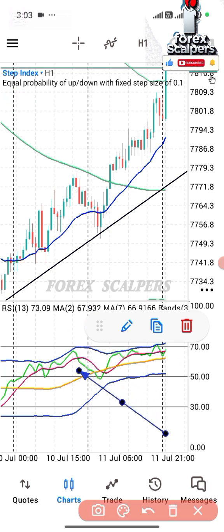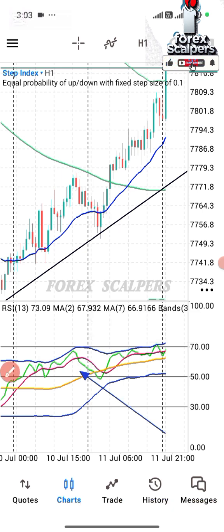Then, in this uptrend, we know, right? The price pulls back to the trend line. So when price is doing that, we have this pullback of price back to the trend line, which is what has happened here.